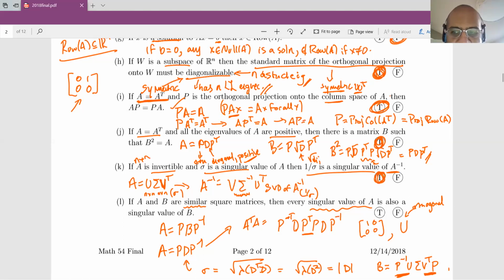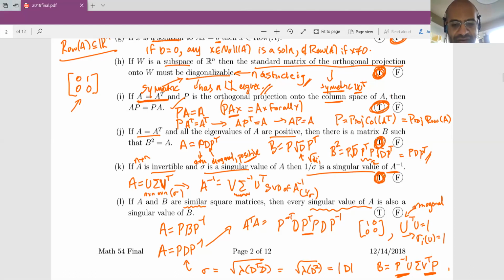Yeah, which are? So orthogonal matrix means orthonormal columns. So what are the norms of the columns? 1, yeah. U transpose U is equal to identity. So all the singular values of an orthogonal matrix are equal to 1.